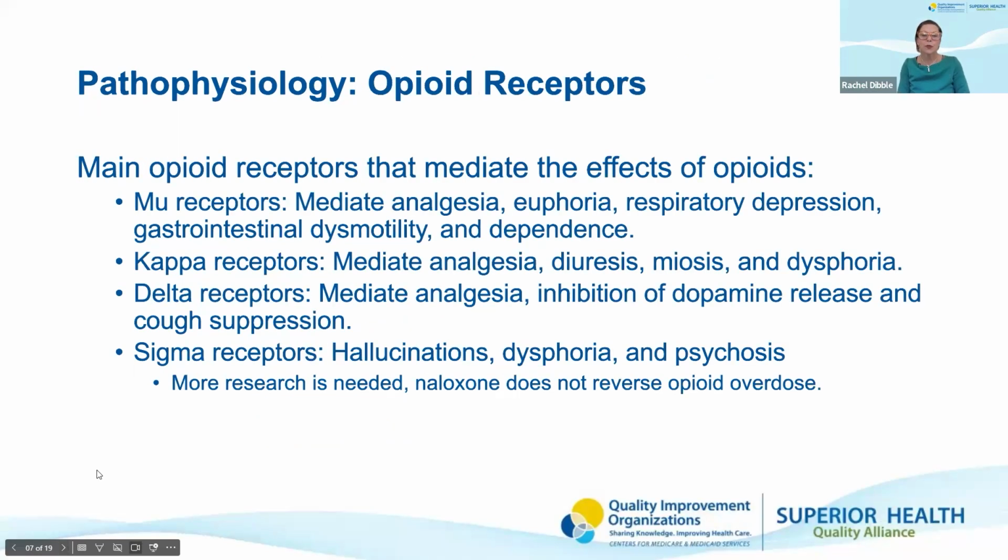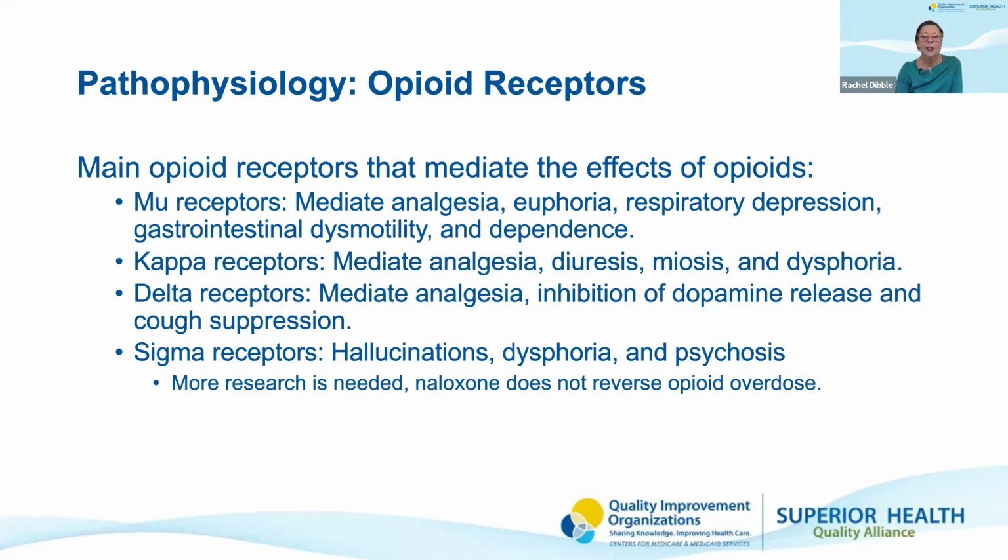So the main opioid receptors mediate the opioid effects. Depending on where it is in the brain, your personal brain chemistry will dictate the trajectory of an opioid, be it short-term, long-term, or you may not be able to get off them because of this imbalance. So the mu receptor, what does it do?